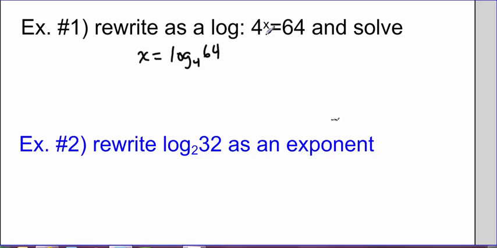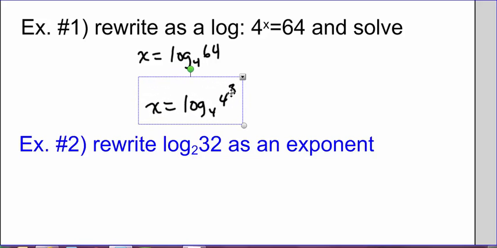So rewritten as a logarithm it is this, and to solve it, we're being asked 4 to what exponent gives me 64, and of course it's 4 to the exponent 3 that gives me 64.